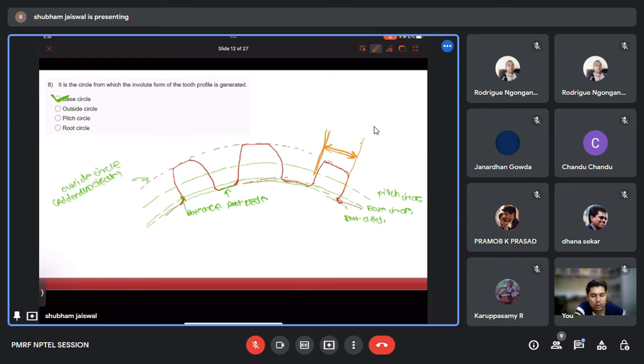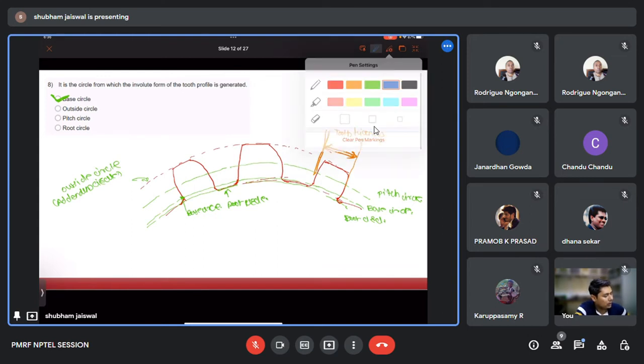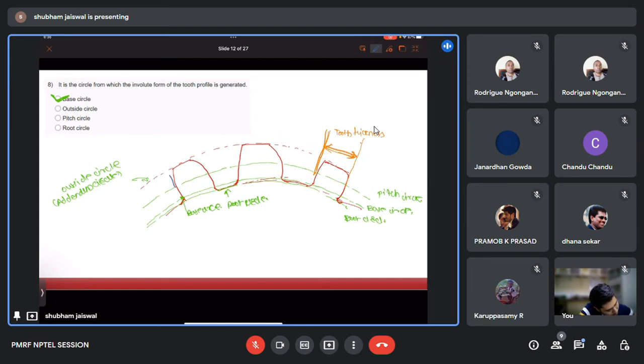Okay. So this distance is known as the tooth thickness. Similarly, if I measure the distance between two consecutive points on adjacent teeth, it's known as pitch.